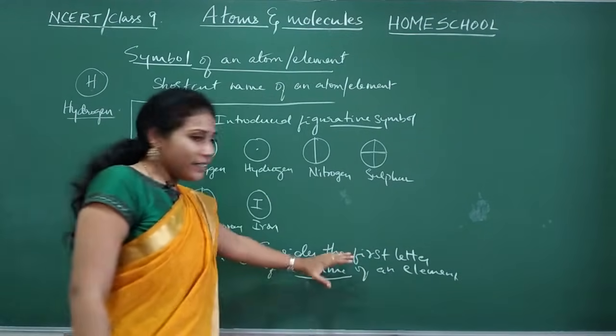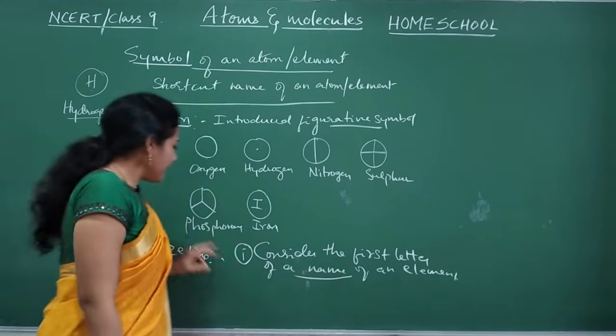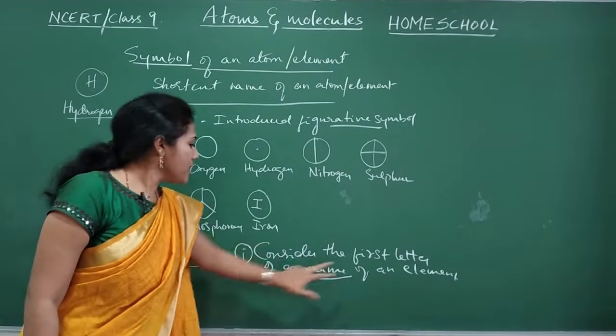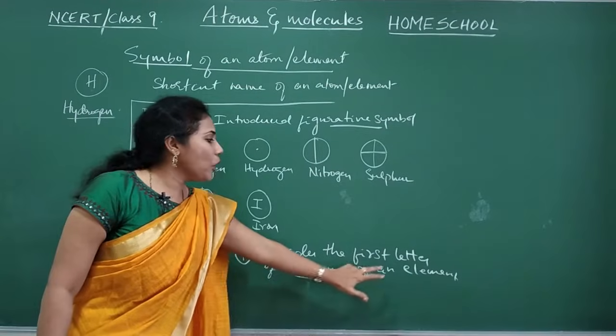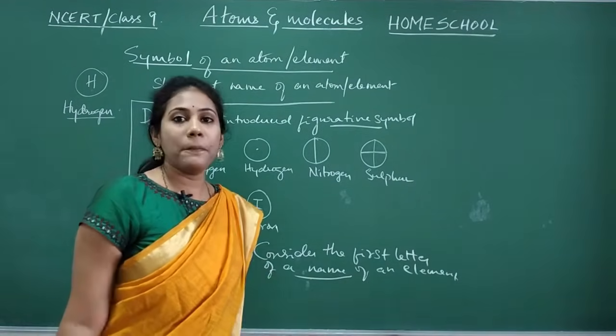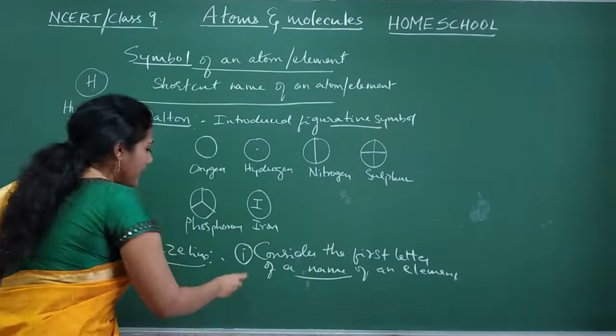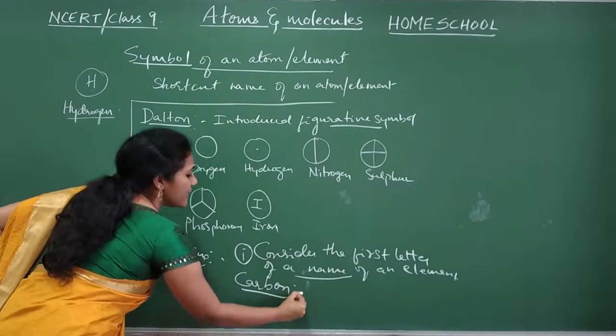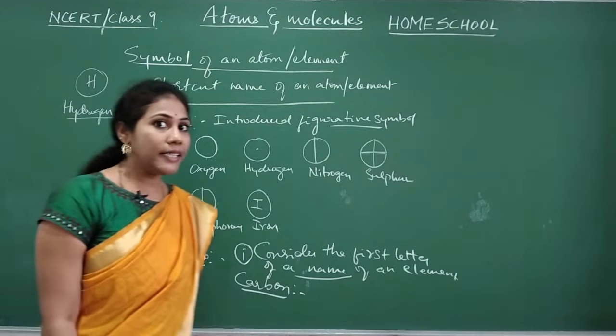So like that names have been given, and this person said, consider the first letter of the name of an element as its symbol. For example, there is an element called carbon, a very important element.